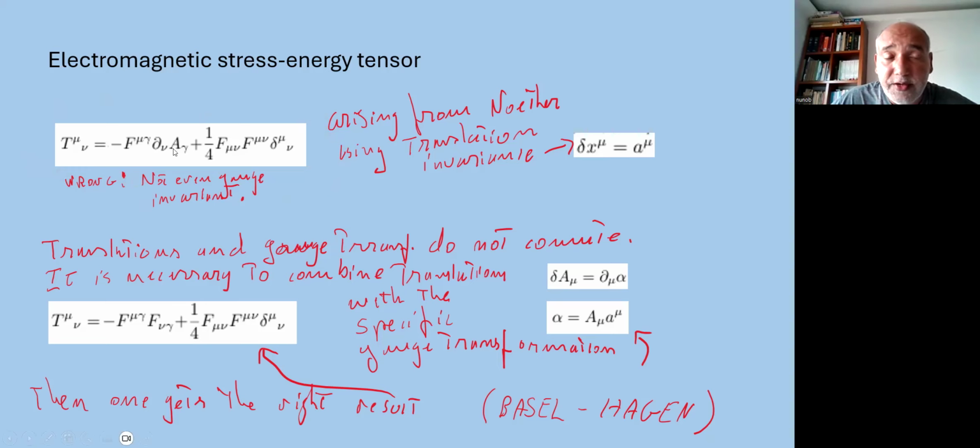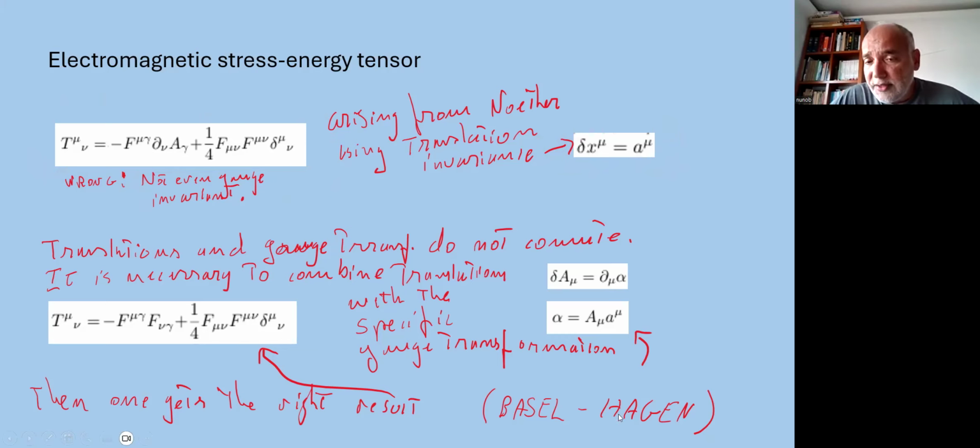Now, you can see that this is not the familiar expression that you are used to. This is not even gauge invariant. That was done applying the translation symmetry, such that delta x is a constant. So this is where we should get the energy momentum tensor.